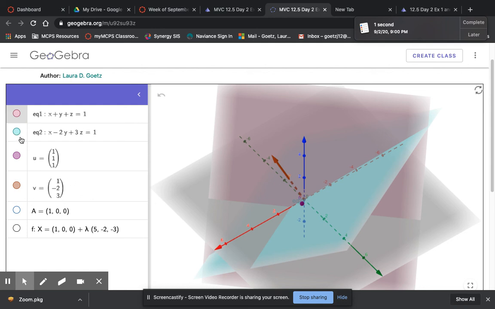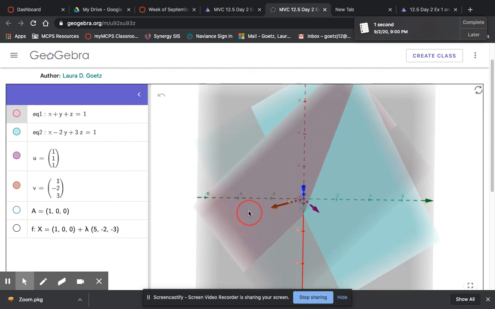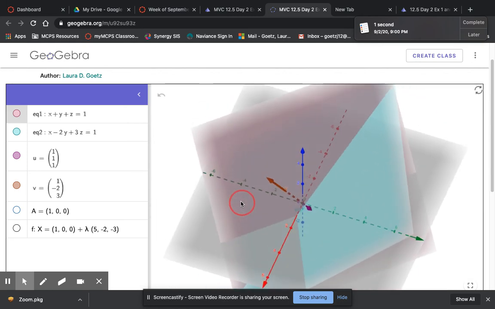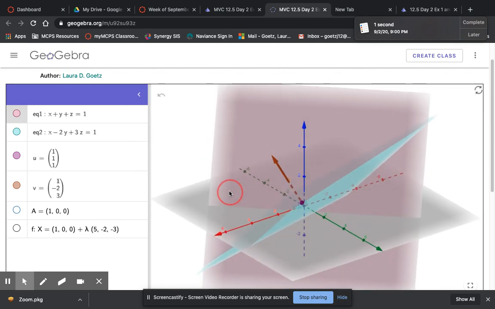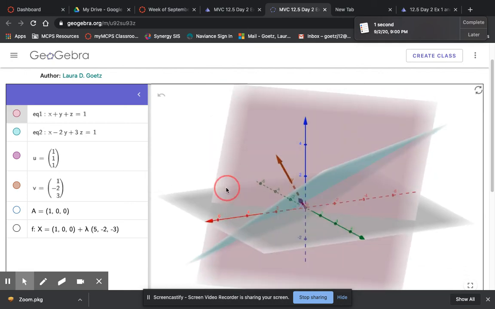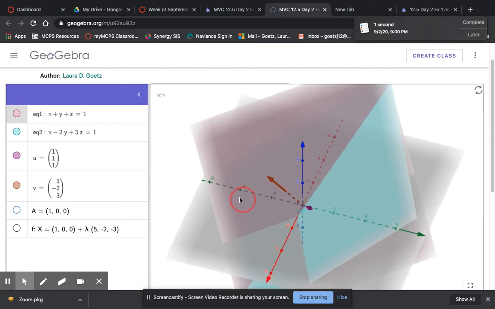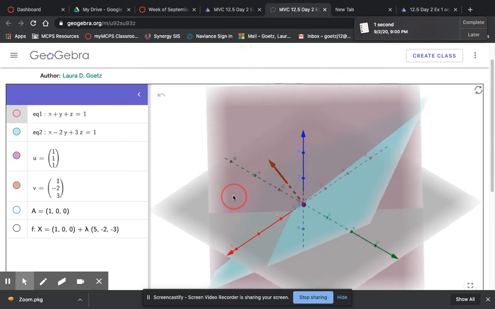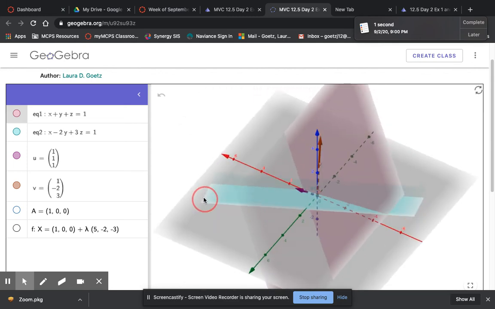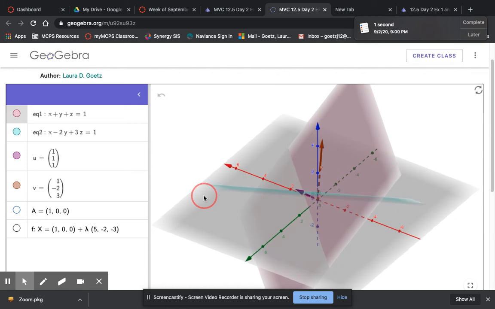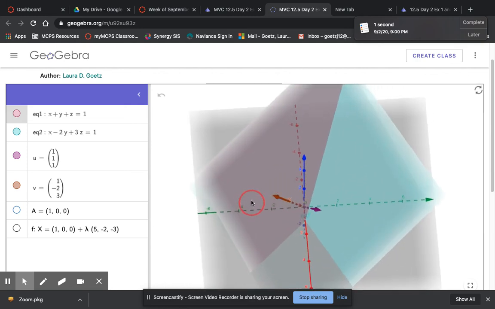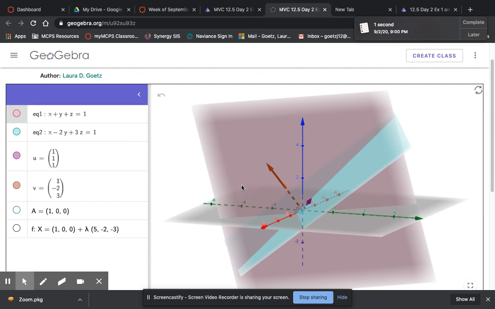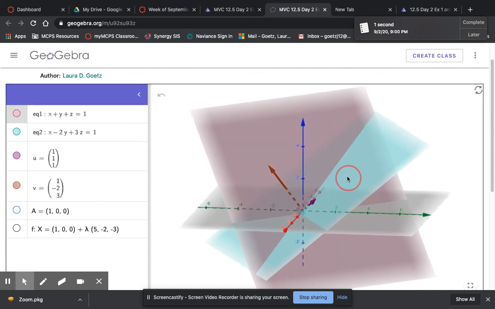So those two are normal to these two planes. And this is what I was saying before, then the cross product of those two will be parallel to the line between them, right? I hope that visualization helps a little bit.